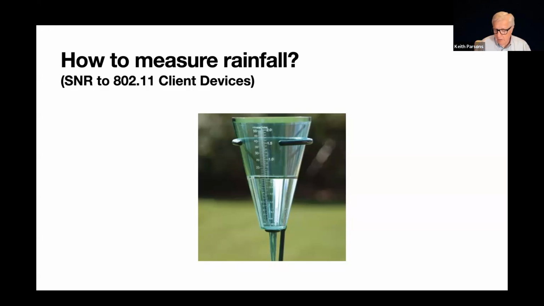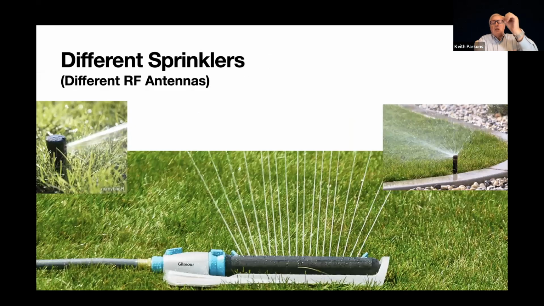Measuring how much water you get. So the sprinklers in this analogy are the different antennas. Now we can get sprinklers that go back and forth, like the one in the middle. We can get some that spray in patterns. We can get some that just spray in a circle and make omni antennas, directional antennas. And you can see that if you design a sprinkler to cover a certain area, it covers the area.